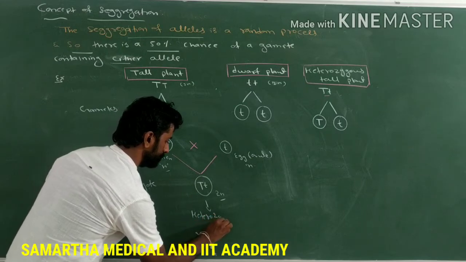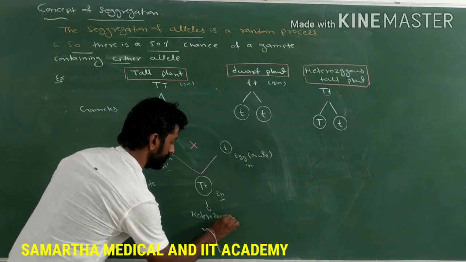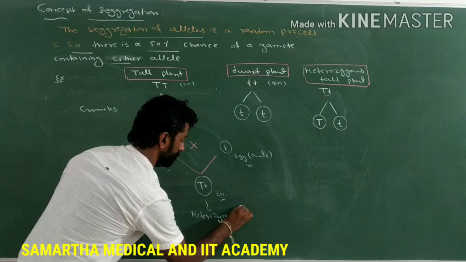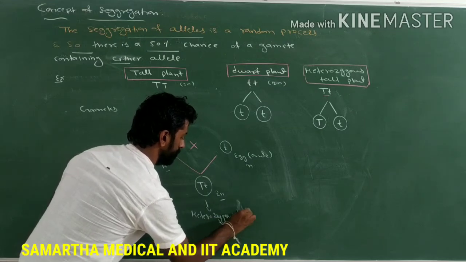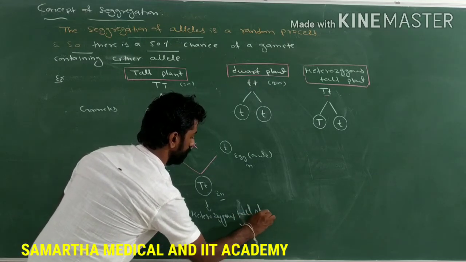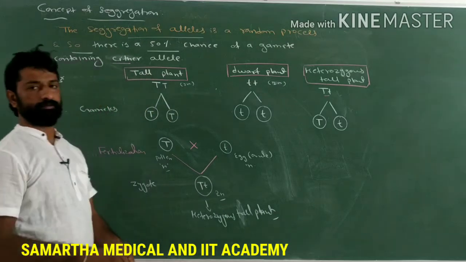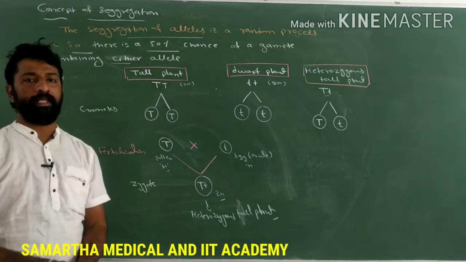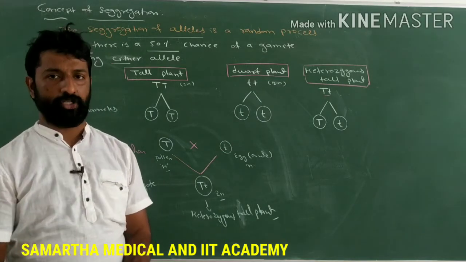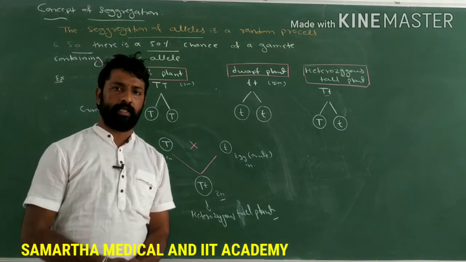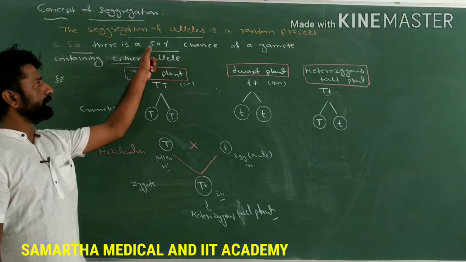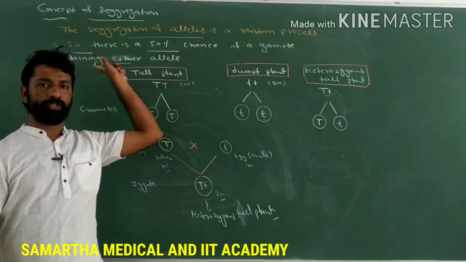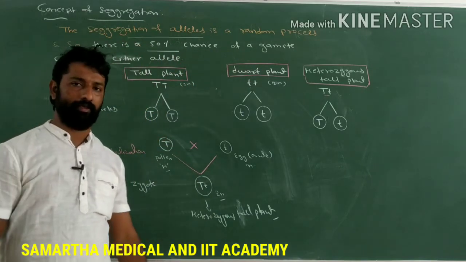In this manner, the segregation of alleles takes place during gamete formation. During segregation, there is always a 50% chance for a gamete to receive either of the alleles.